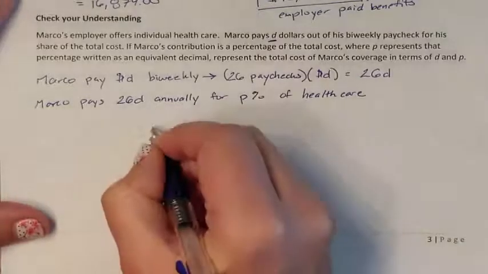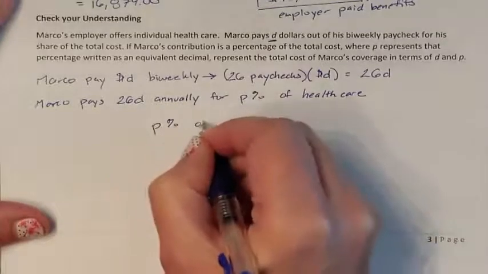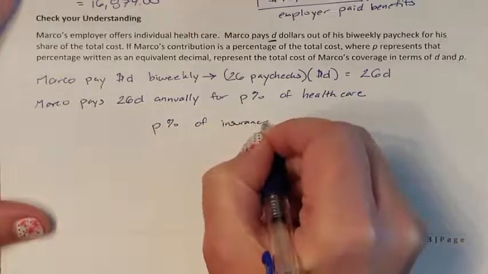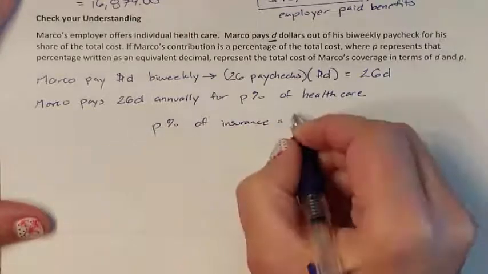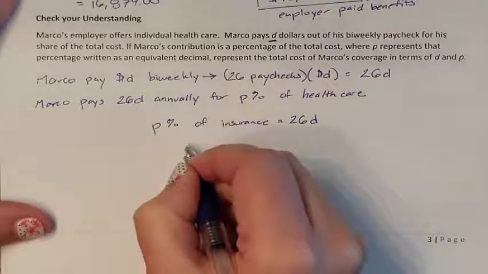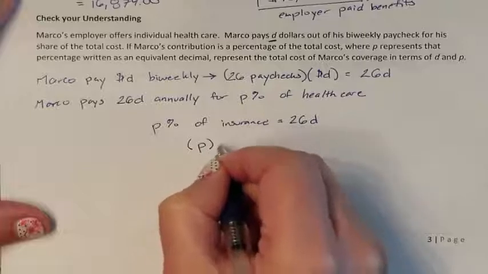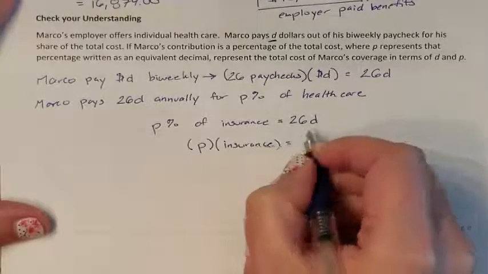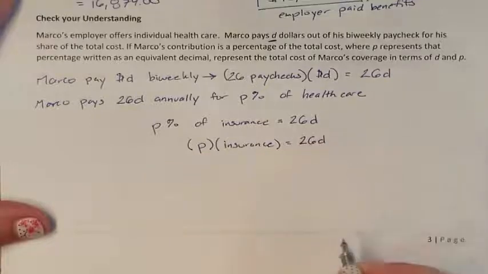So we know that P% of his insurance is going to cost 26D for him. So P% multiplied by his insurance is going to be 26D.